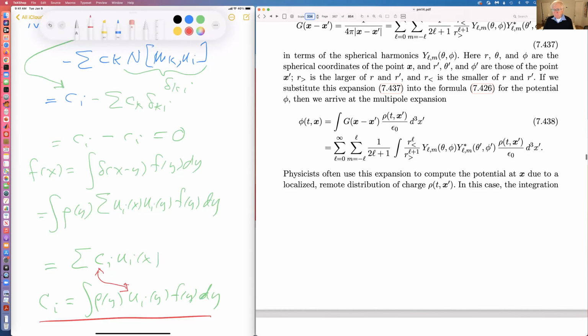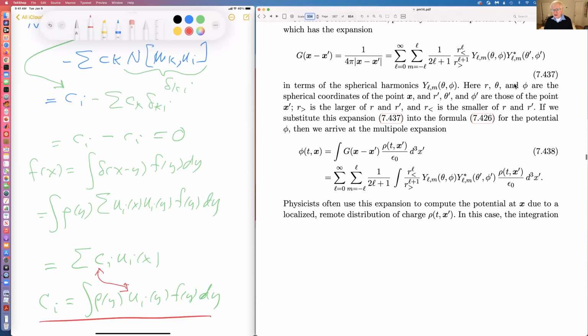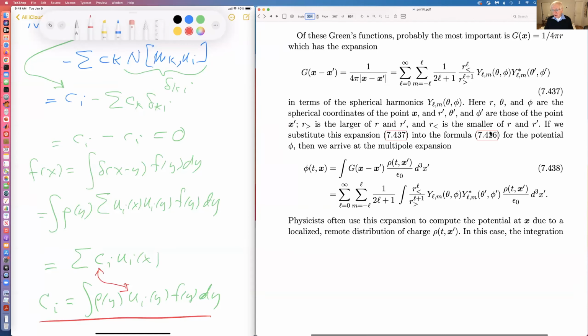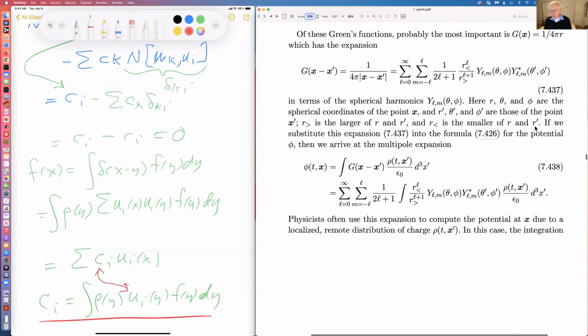And here r, theta, and phi are the spherical coordinates for the point x, and theta prime, phi prime, and r prime are the spherical coordinates for x prime, and r lesser is the smaller of r and r prime.